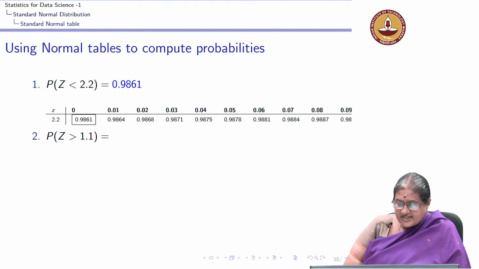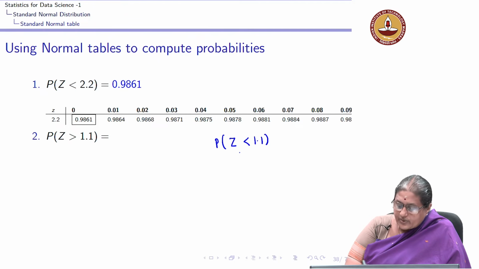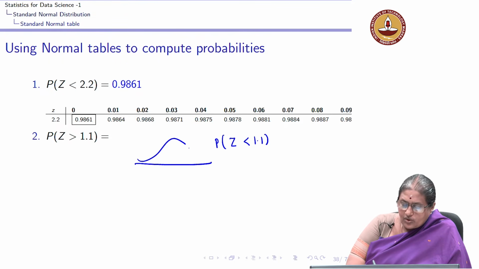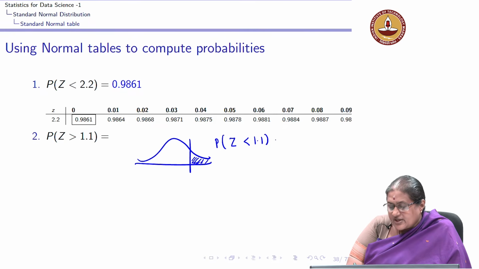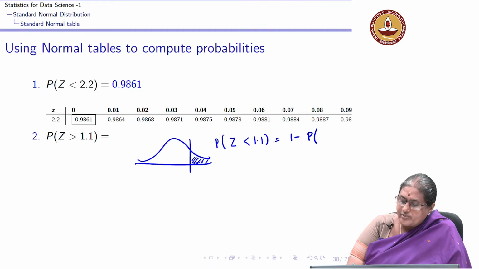Similarly, probability z is greater than 1.1. I know this table gives me the probability z is less than 1.1. I also know that the probability of z greater than 1.1 is equal to 1 minus the probability of z less than 1.1.